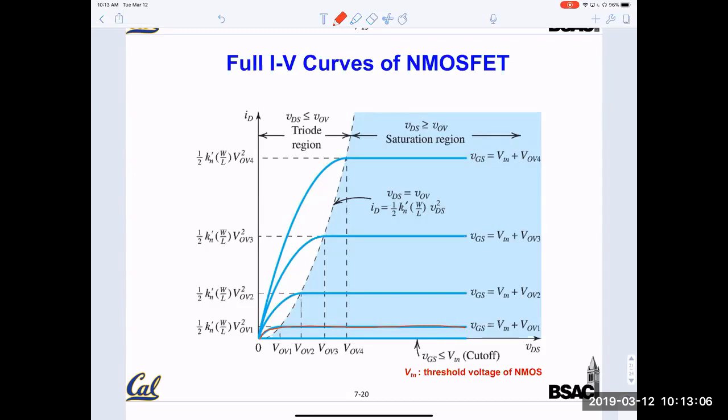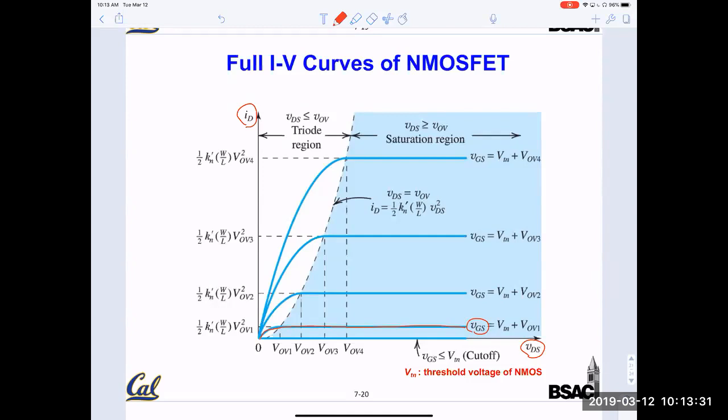We have only a two-dimensional plot, so it's very difficult to visualize all the variables. So what is commonly used is a two-dimensional plot of ID versus VDS, using VGS as a parameter. So there are multiple curves, and each curve corresponds to a different VGS.